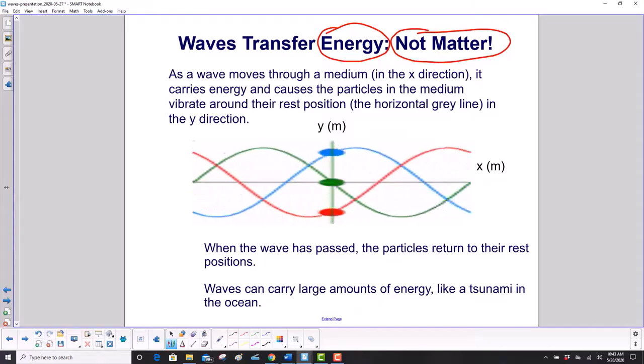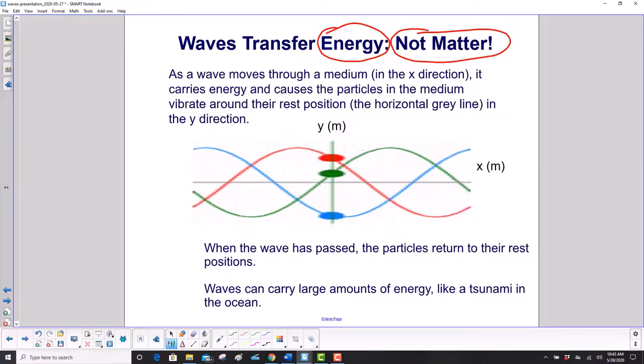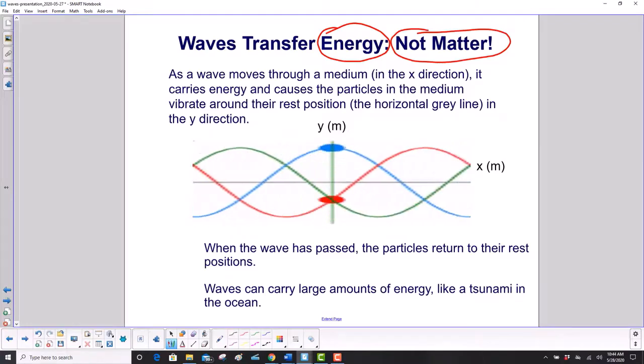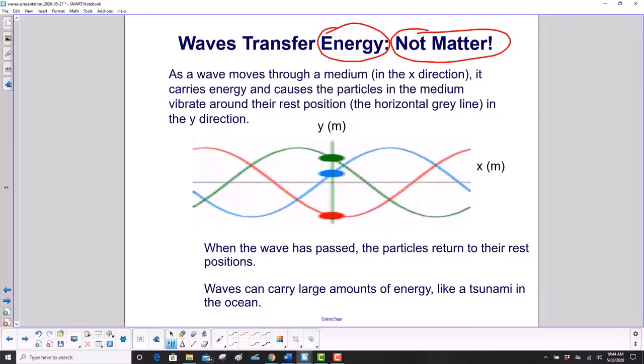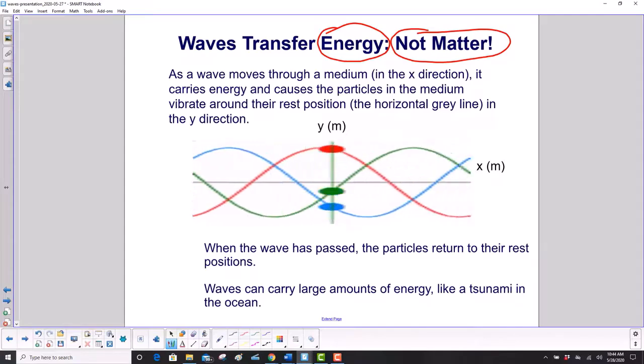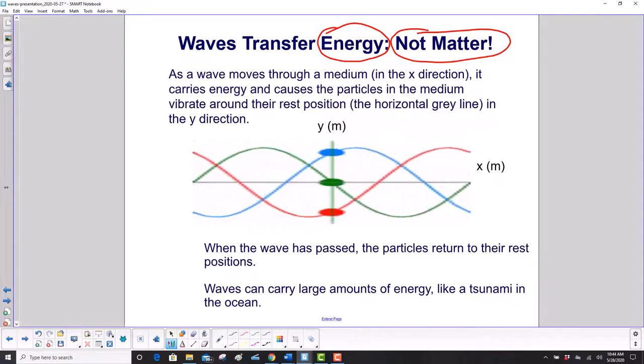So let's see what that means here. As a wave moves through a medium, in that case the water, we'll call that the x direction. And in that example we had earlier, that's the horizontal surface of the water. The wave carries energy, and causes the particles in the medium to vibrate around their rest position. That just means they're going up and down.